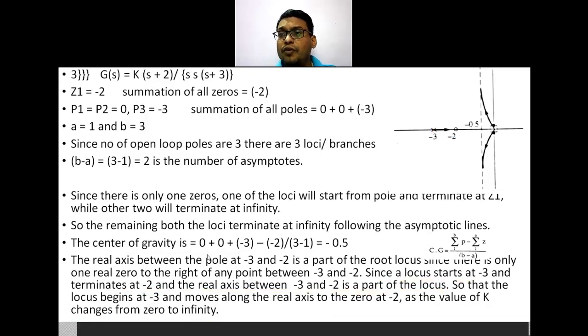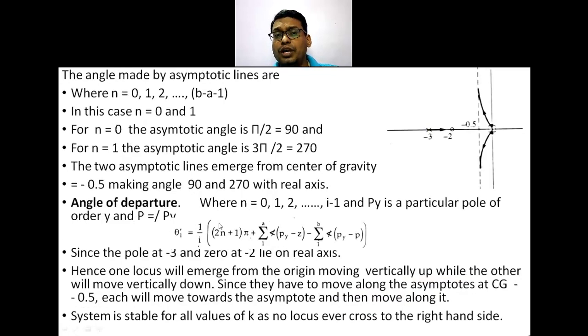Next step, what will happen to the remaining two poles? The angle of departure is to be calculated using this formula. Hence, one locus will emerge from the origin and move vertically up while the other moves vertically down, since they have to move along the asymptotic lines.